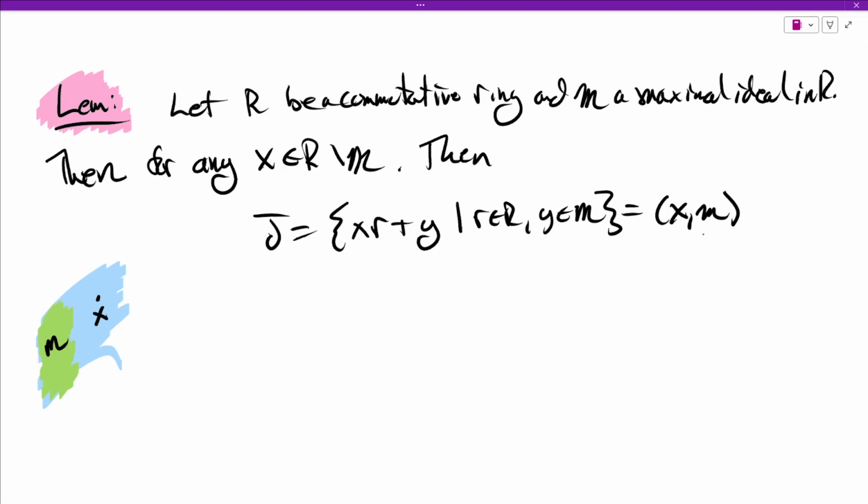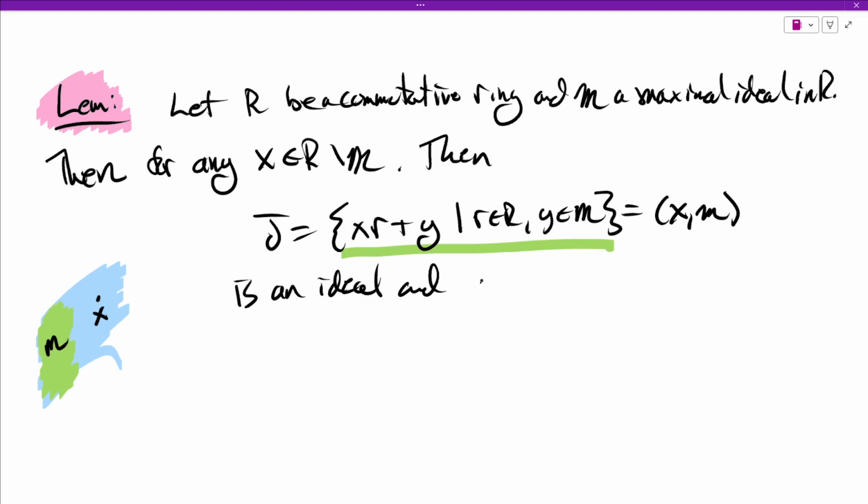So it's not just an element, it's a subset, so this notation is kind of abusive. The better thing is to write that out. But all we're doing is looking at the smallest ideal that contains M and X. What we're going to show is that J is in fact an ideal, so this construction makes sense to do.